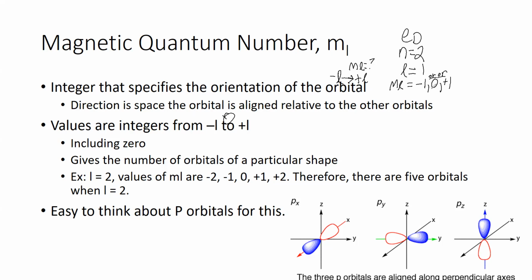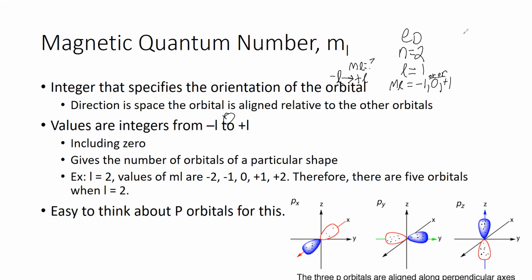It can't be all three. It can only be one of these because it's telling you what direction your p orbital is facing. So is your electron going to be found somewhere in here on the x-axis, or somewhere around here on the y-axis, or somewhere around here on the z-axis?